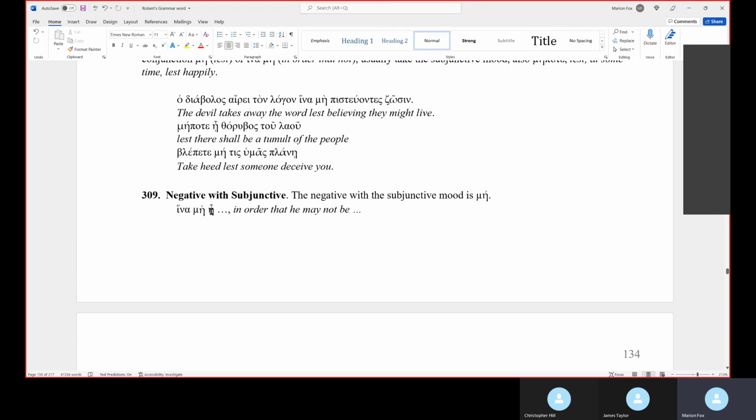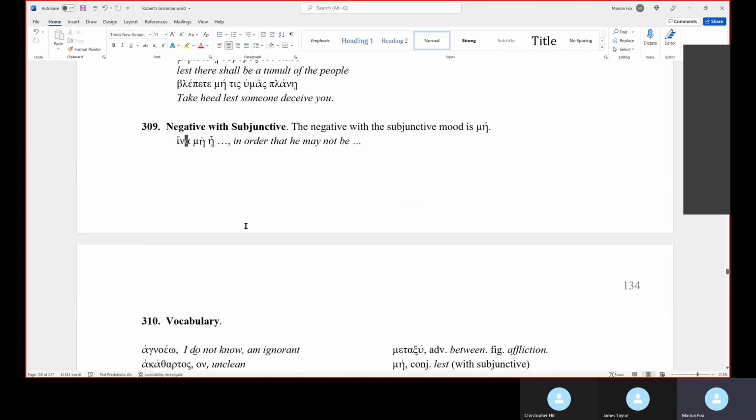It comes from this being verb, eimi, third person singular present subjunctive: he may be. And me is "not," and hina is "in order that." Purpose clause. Question?